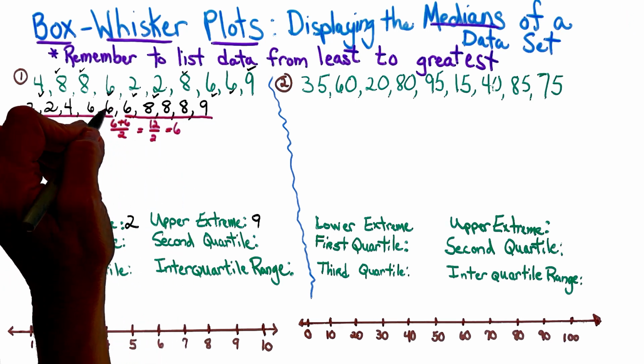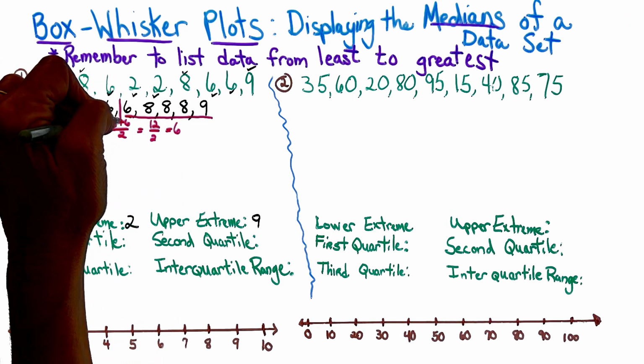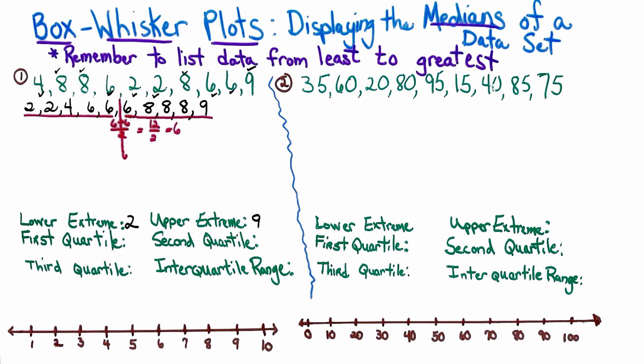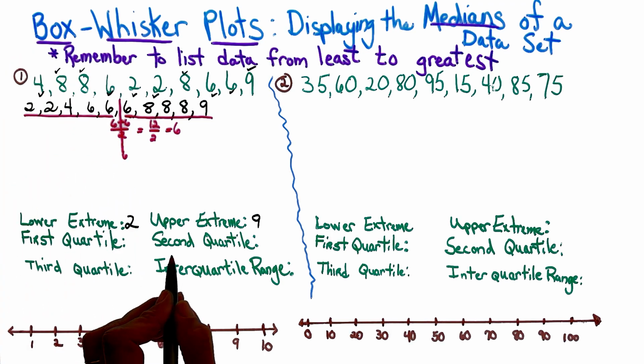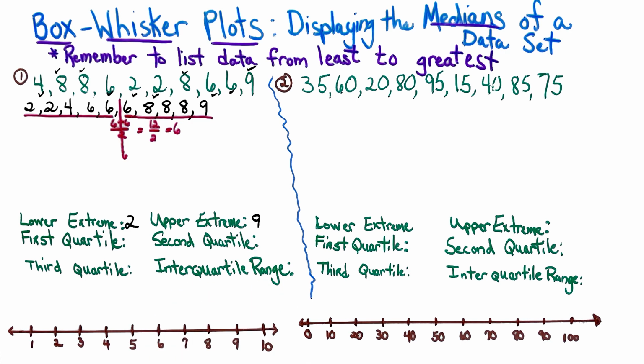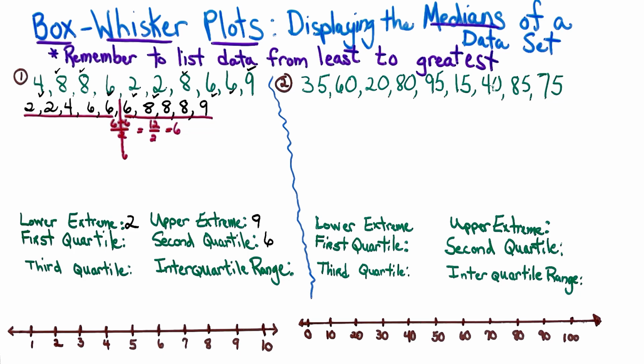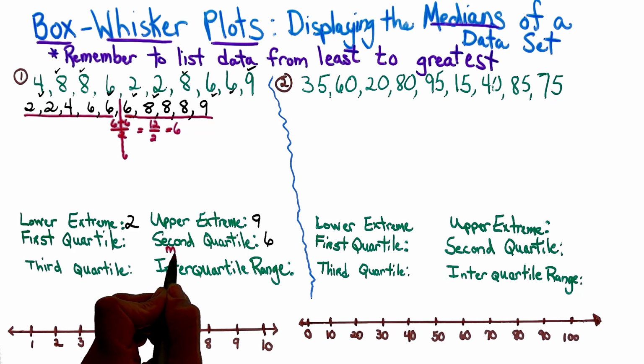And there it is. So right here is where my median is. And we know that that is a 6. And that is actually our second quartile, but we also call it our median.